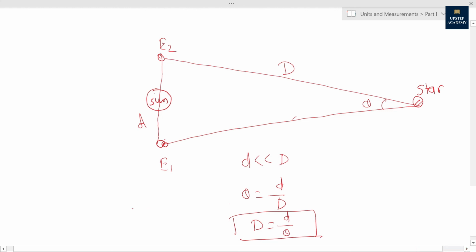The nearby star is Alpha Centauri, as I told you, which is only 4.37 light years away from us, and other stars are even farther than that. This method is useful to measure the distance of stars from the Earth.